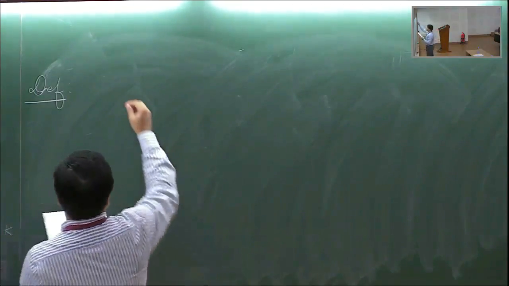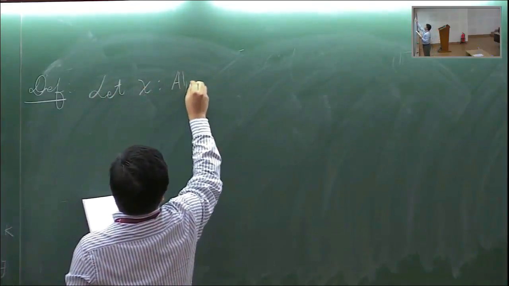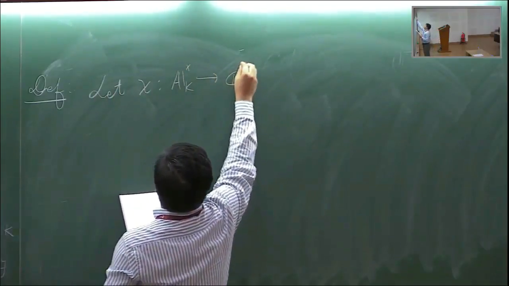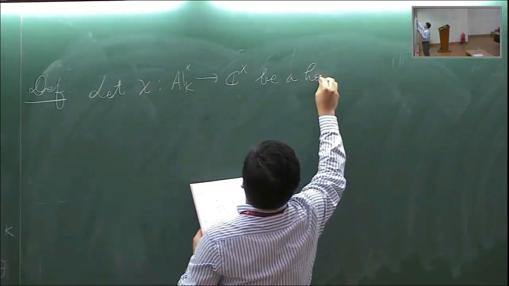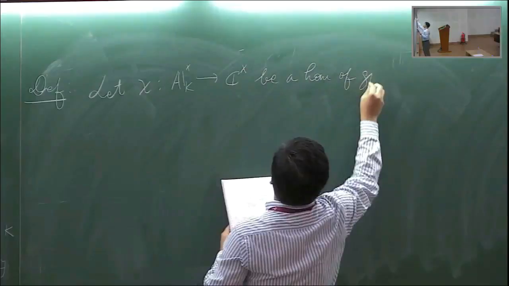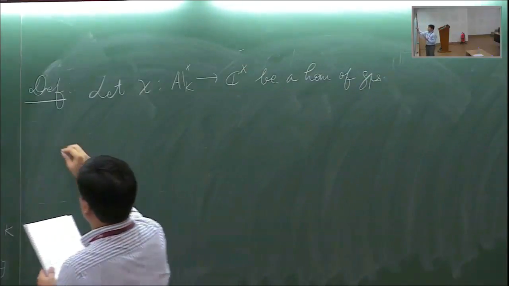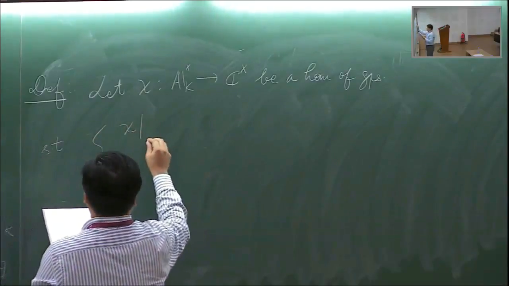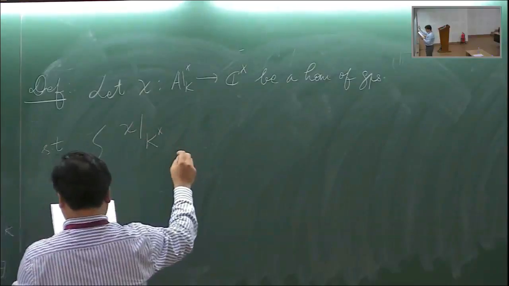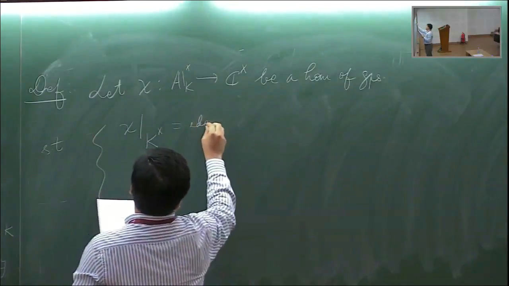Okay, so now a Hecke character is going to be a character of the units of this group. So let chi from AK star to C star be a homomorphism of groups such that chi restricted to K star is the identity.